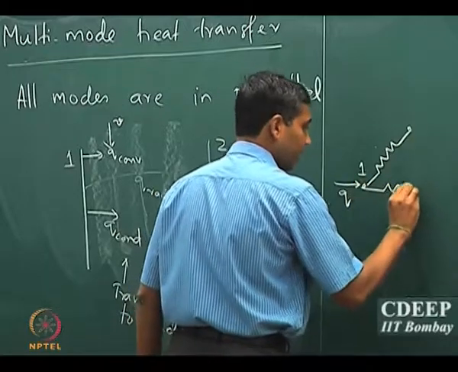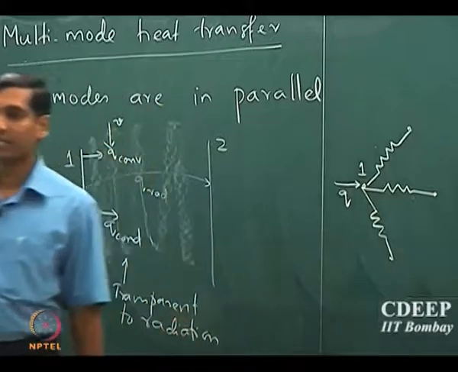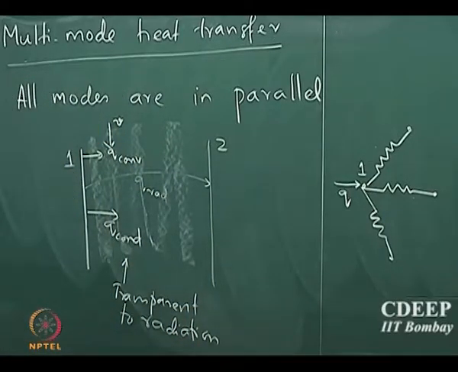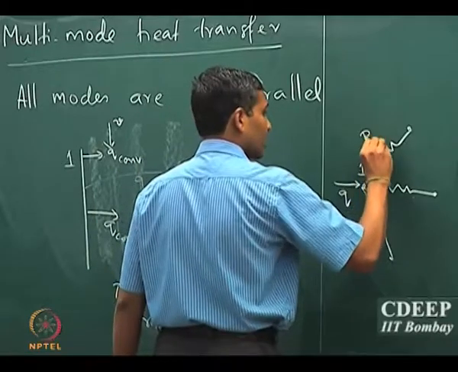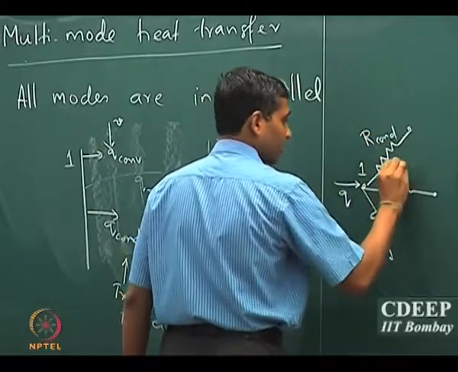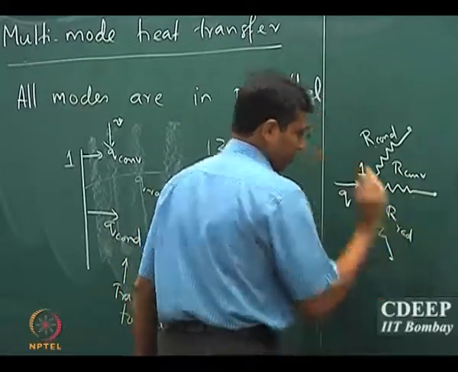So, if you are able to find out the driving force and resistances for each of these modes of transport, then we could represent it as resistance for conduction, resistance for convection and resistance for radiation. Okay.